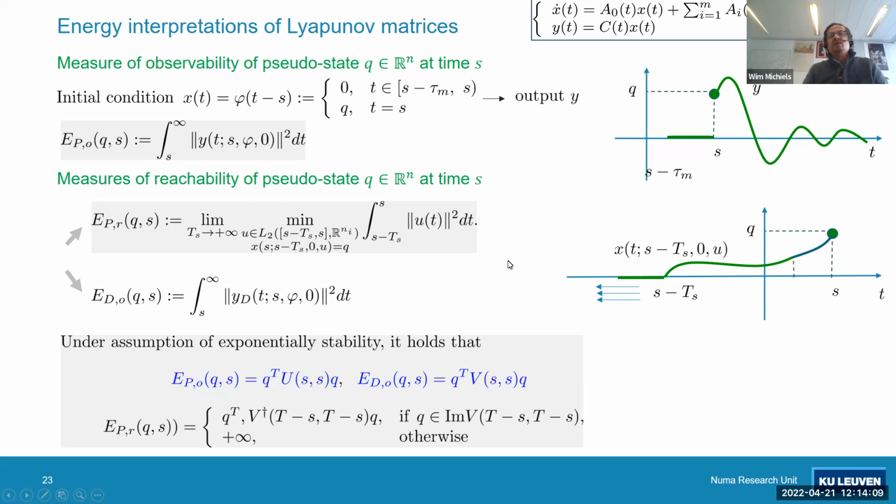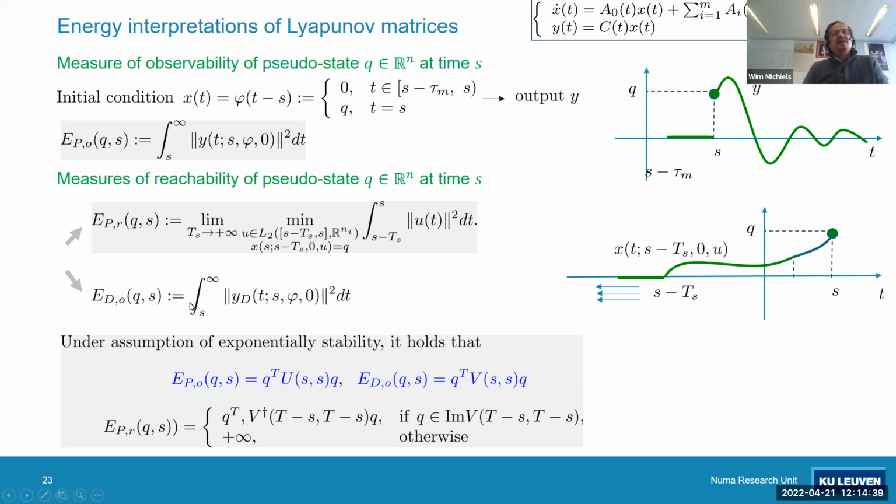In other words, I have plenty of time, so I'm looking at the minimal amount of input energy needed to reach Q. That's a measure of the connection of your state Q to the input.